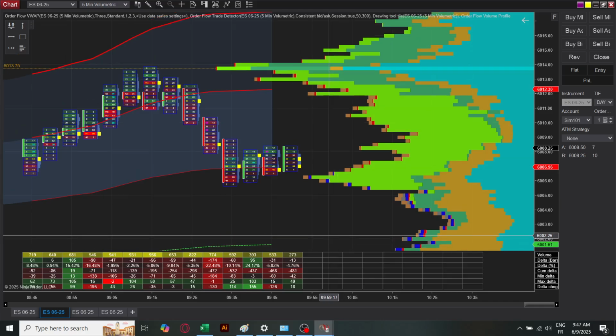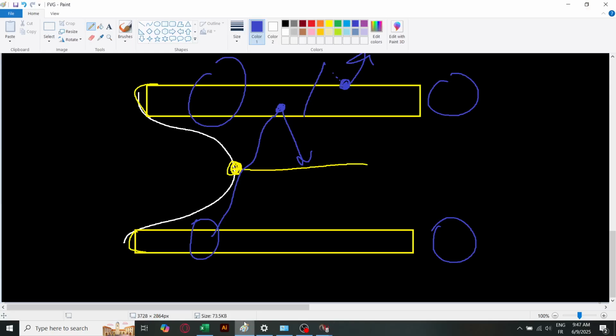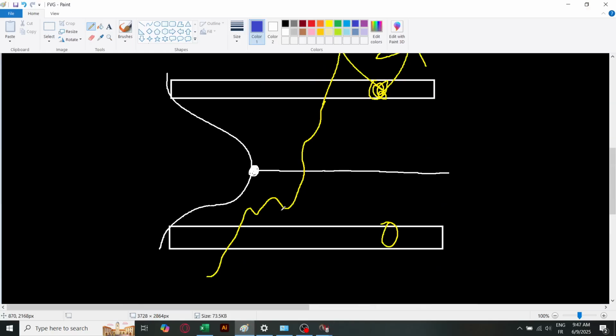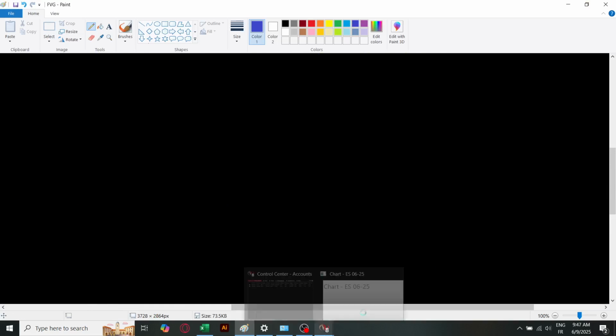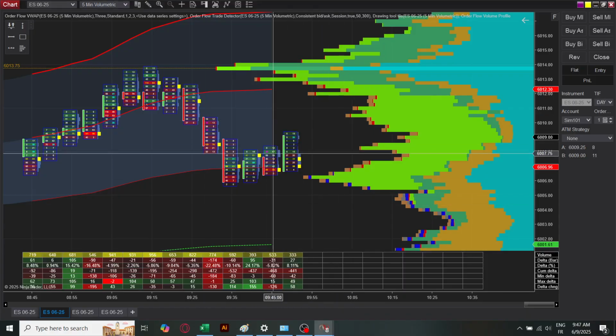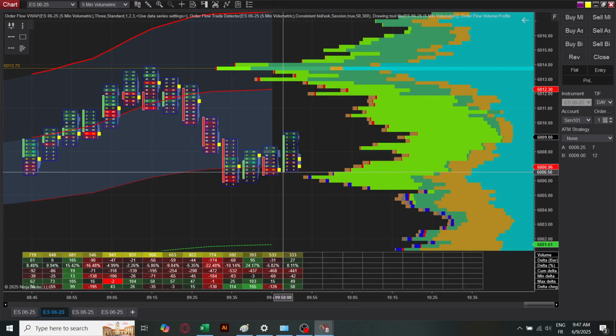So how can I check if there is a confirmation of footprint? So basically the first thing you need to do is to understand footprint. I'm not going to show you the real basics of market structure and the footprint. So it's basically showing the people are buying from here and the people are selling.